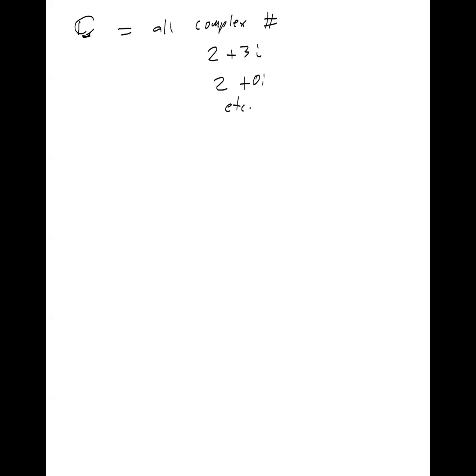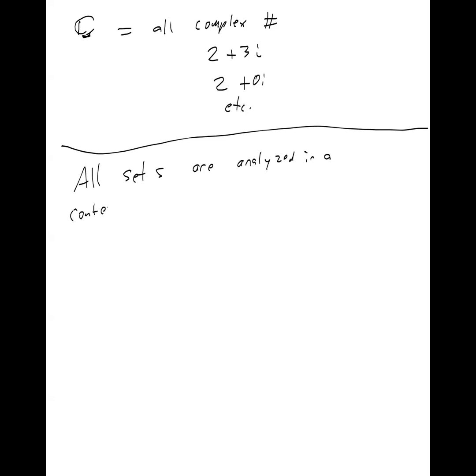So let's write a set of big numbers. So first, all sets are analyzed in the context of some implied, or maybe sometimes it's clear, some implied universal set.